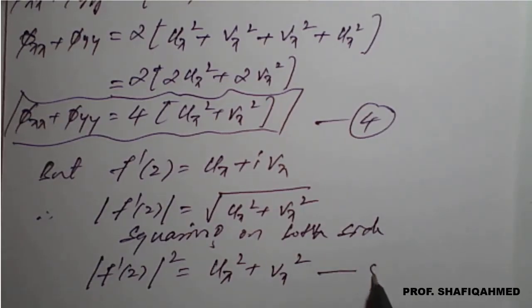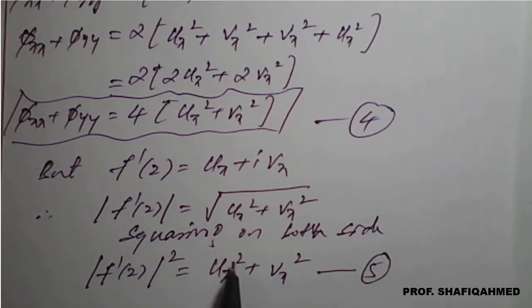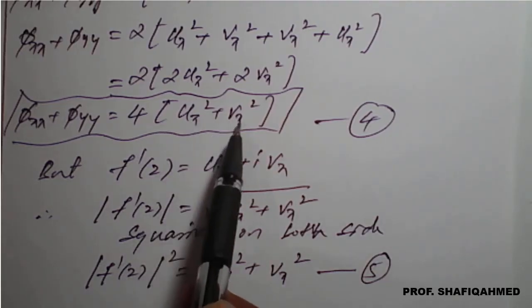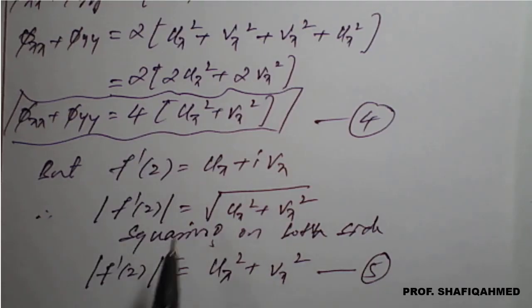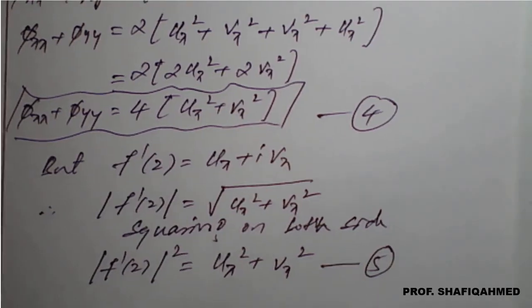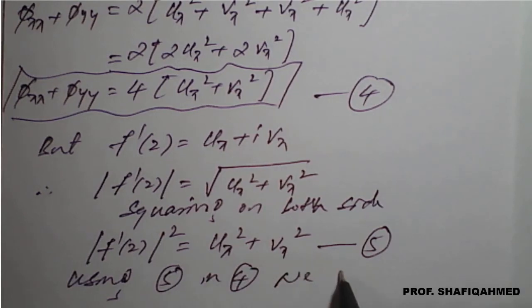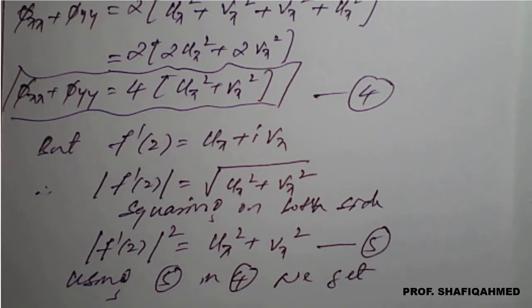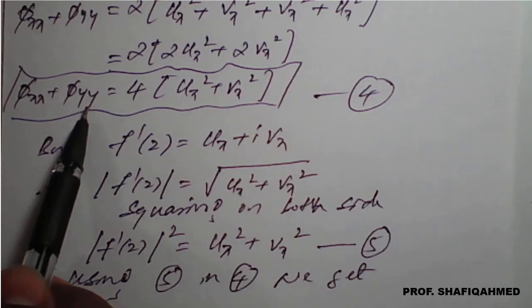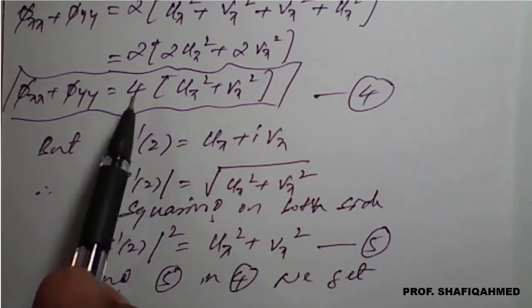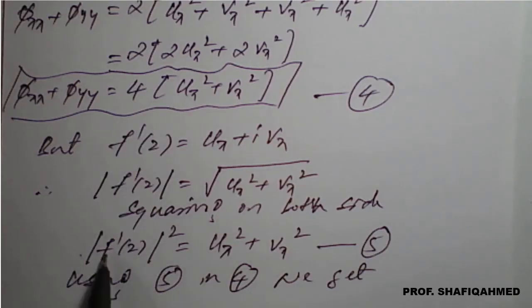So I will give this as 5. The right hand side ux square plus vx square we have here in 4, so we can write 4 times the left hand side. So using 5 in 4, we get phi xx plus phi yy is equal to 4 times, instead of ux square plus vx square, we can write modulus of f dash of z whole square.